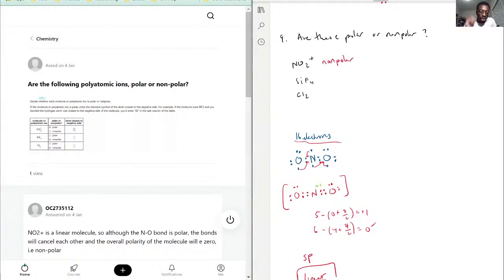So which atom is closest to the negative side? The way you answer this question is, if there was a part that was more negative and more positive, then you would put the atom that's close to it. So let's say, for example, for some reason, one oxygen was more negative than the other. You'd still put nitrogen because nitrogen is the one in the middle, so it's technically the one closest to the other oxygen. The oxygens are separated by nitrogen.